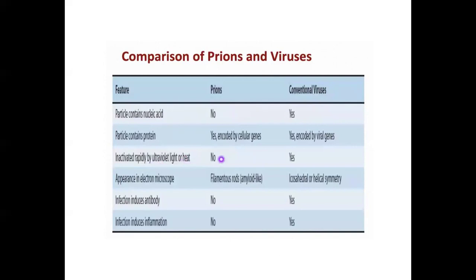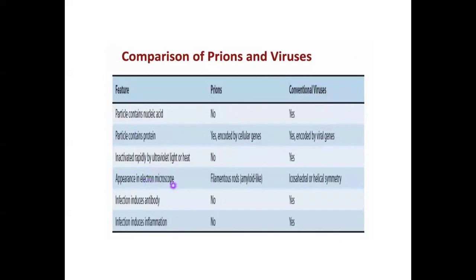Prions are very unique. Use of formaldehyde, ultraviolet light, all these techniques that you've learned, do not inactivate them rapidly. You have to do that for a very long time in order to inactivate it. But for the conventional viruses, it is easily inactivated.